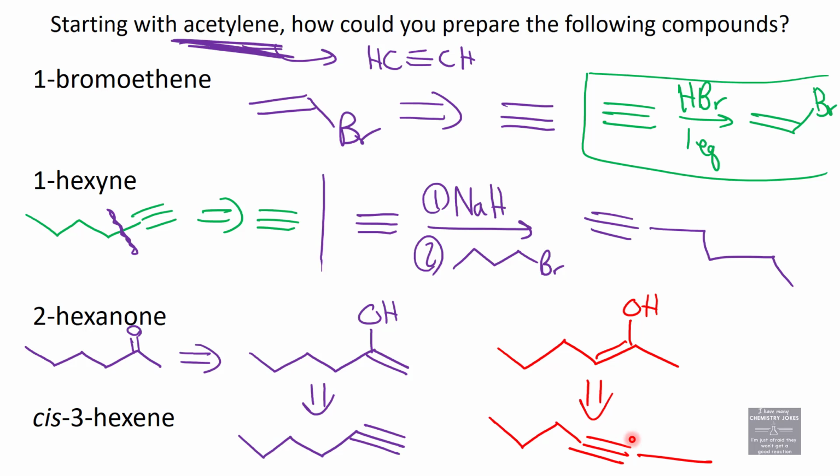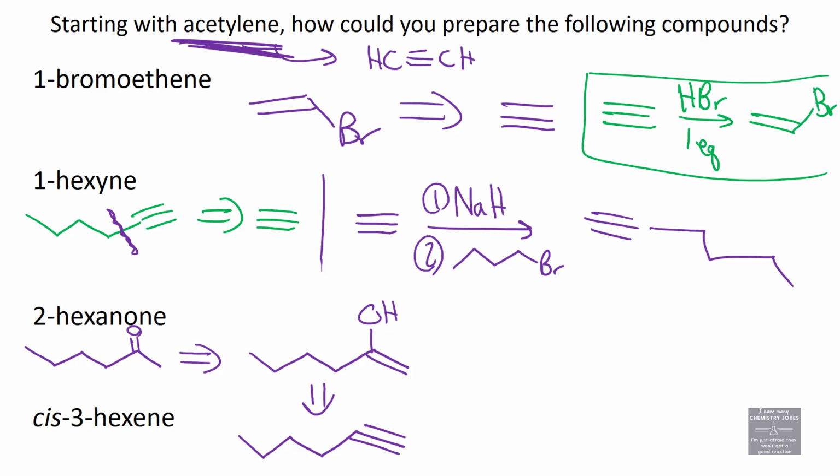Yes. You would have to start with acetylene, deprotonate one end, add a single carbon with an alkyl halide, then deprotonate the other end and add 3 carbons with an alkyl halide. I like the purple one better because I only need to deprotonate and do an SN2 reaction one time. So I'm going to flush the red at this point, say let's not do the red, let's do the purple.